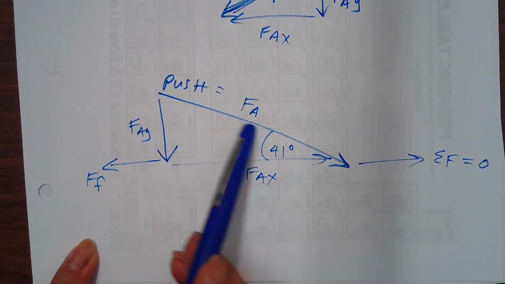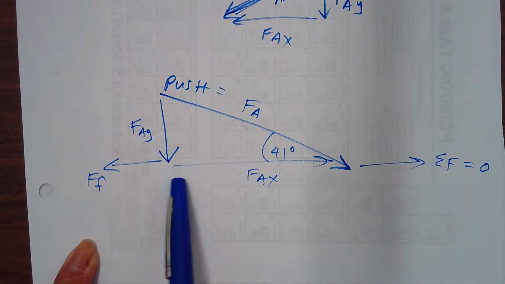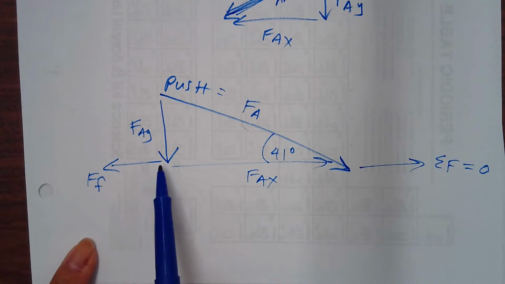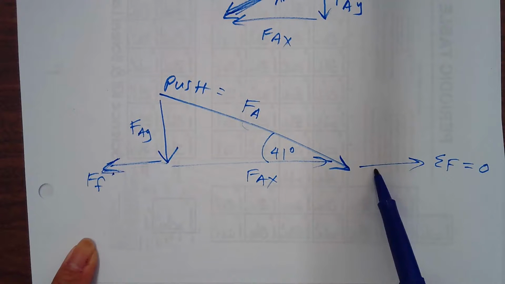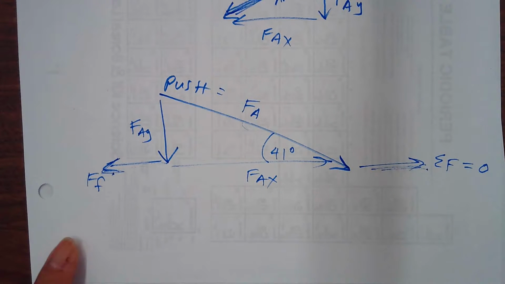There's the broom. The broom is being pushed down and across. Frictional force is fighting that, and you're moving the broom this way. That makes sense? You're mopping the floor. You're moving the mop on the floor like this. Okay, you got it now?